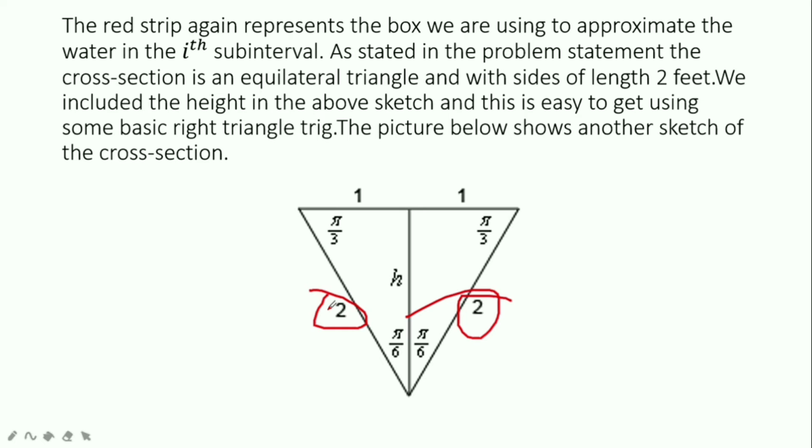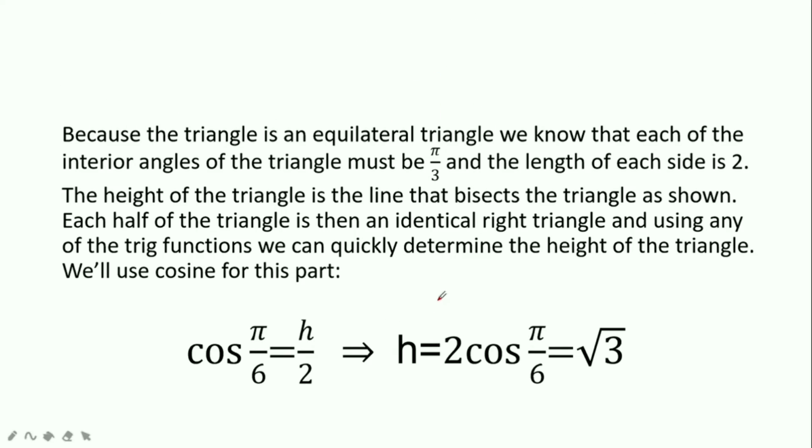We included the height in the above sketch, and this is easy to get using some basic right triangle trigonometry. The picture below shows another sketch of the cross-section, with the value of every angle of the triangle, and the unknown height h in the middle of the triangle. Because the triangle is equilateral, each of the interior angles must be pi over 3, and the length of each side is 2.